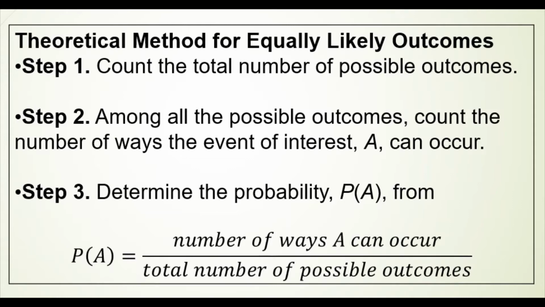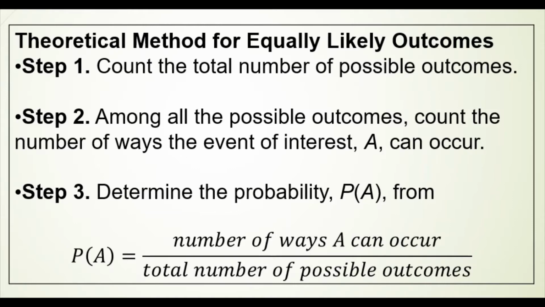Step 2 is then, among all the possible outcomes, to count the number of ways that the event of interest, A, can occur. Remember, there could be several different outcomes that give you the same event. And so we want to count how many outcomes give us the event that we're looking for.